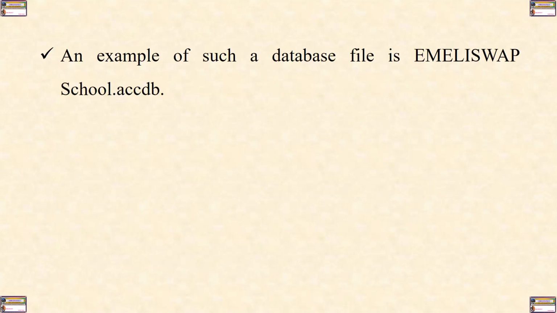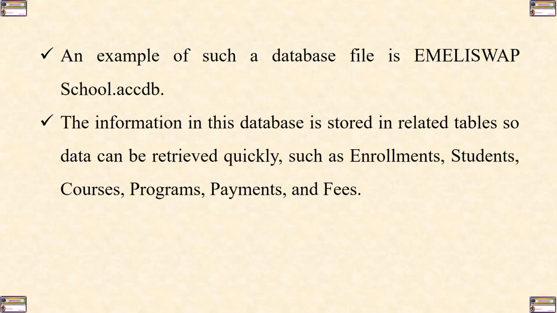An example of such a database file is mediswapschool.accdb. So when we create our database and save it, it will be given the extension .accdb. When you are saving your file in Microsoft Access, you don't type the extension. The extension will be added by the application automatically once you click on create or save.